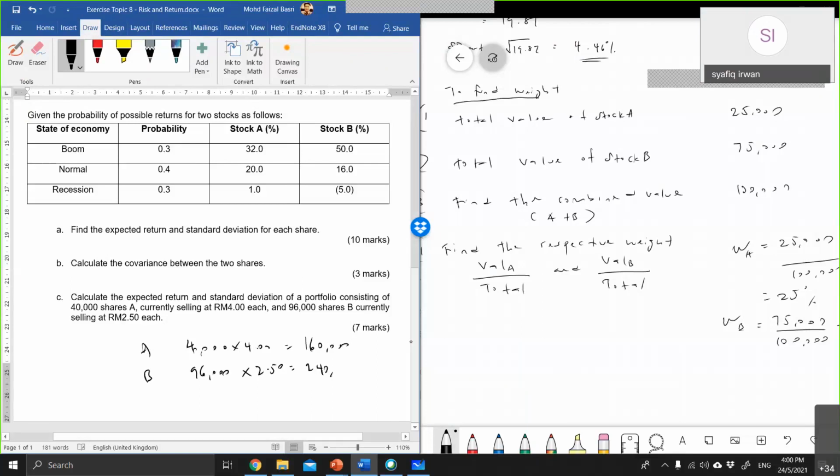So these are the values. The same rules: you have these respective values, find the total.